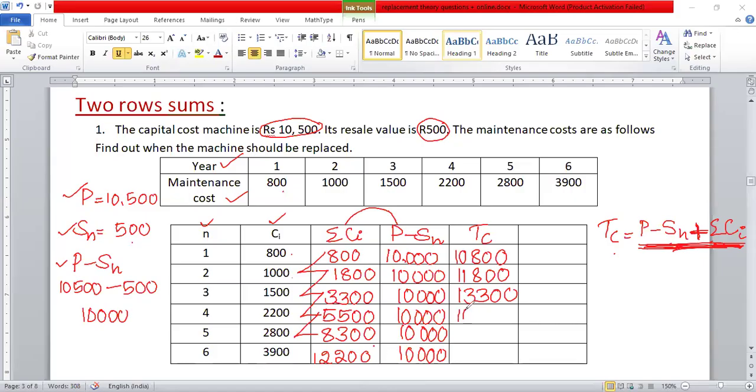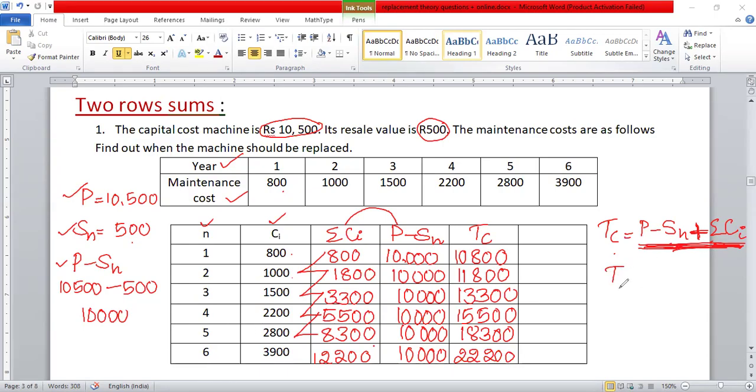Similarly, 15,500. Similarly, 18,300. The last one, 10,000 plus 12,200, so 22,200. Guys, total cost is finished.